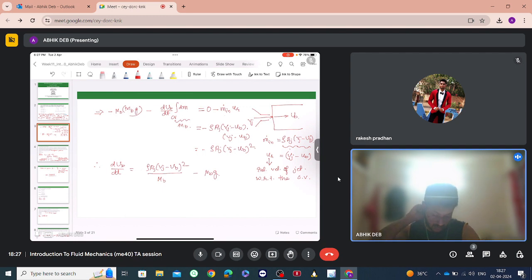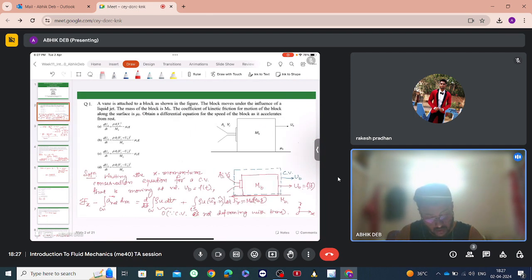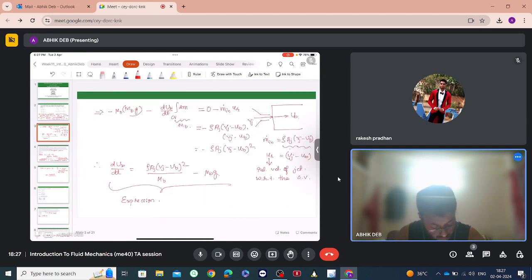So this will be the expression for the speed of the block as it accelerates from rest.